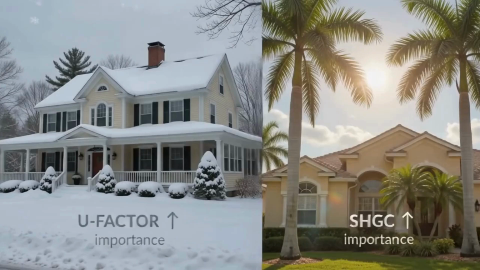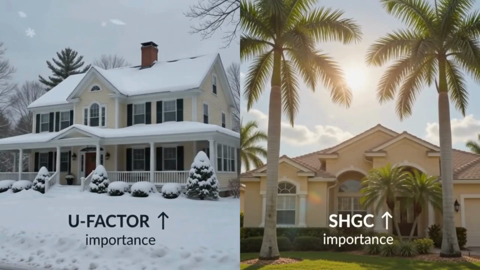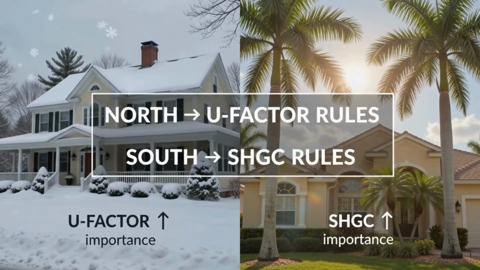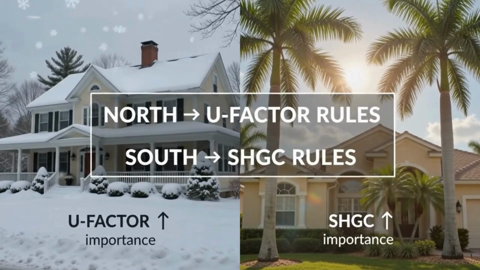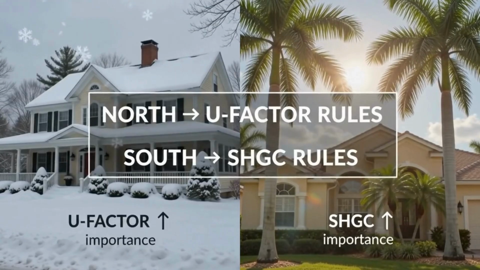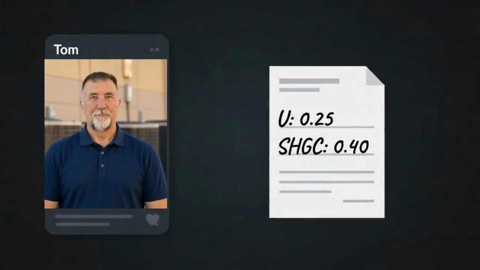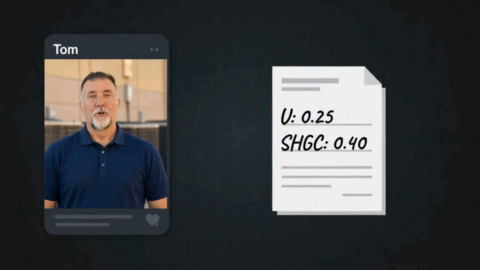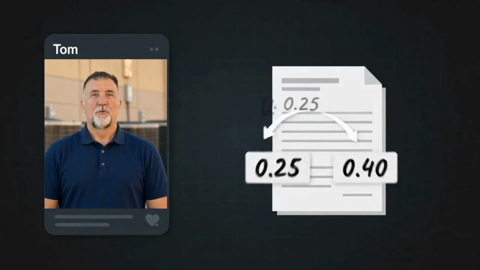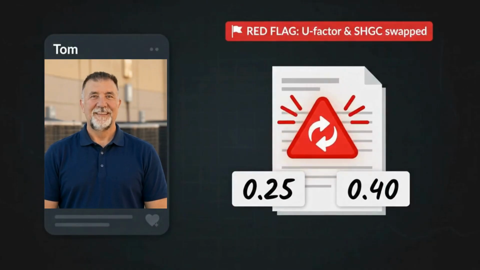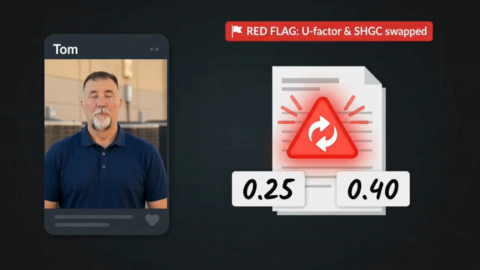So in the northern states, the U factor is required to be better because you need more insulation because of the more dramatic drop in temperatures. You need to insulate better. In the southern states, which we call climate zones 1 and 2 and some in 3, we're closer to the sun, so we have more solar heat gain. So the U factor is less important, and the solar heat gain coefficient is more important.